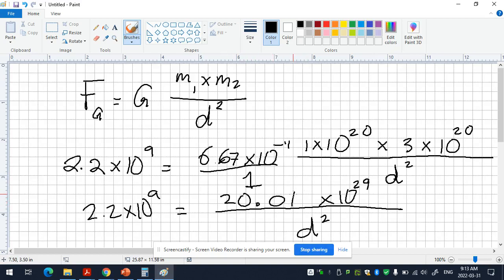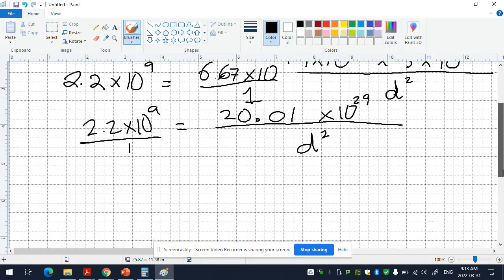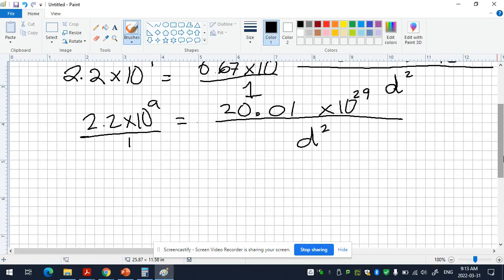How do I solve this for d squared? Come on. You crisscross. Okay, what do I do now? This guy goes with this one, and this goes with this one. 2.2 times 10 to the 9.